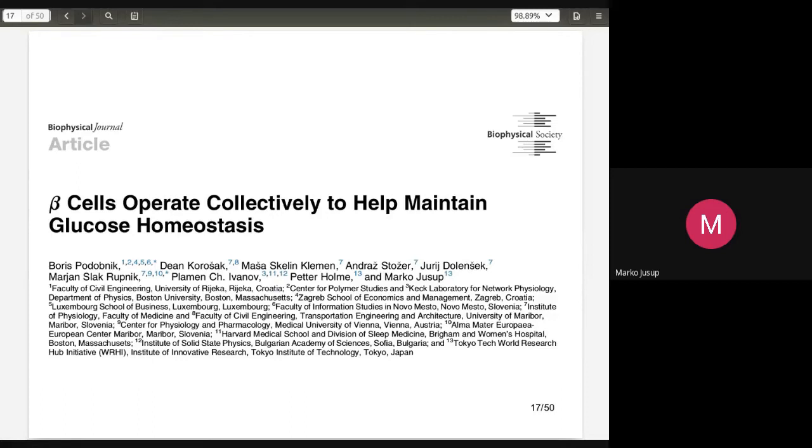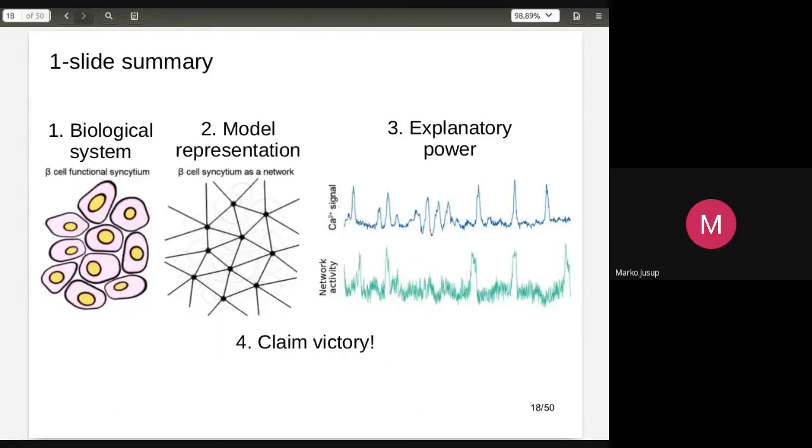So these are physiologists that we physicists or mathematical modelers can actually talk to. And then a bunch of people, one colleague from Boston, then my boss here in Tokyo, and myself included. So it was quite a nice international collaboration.